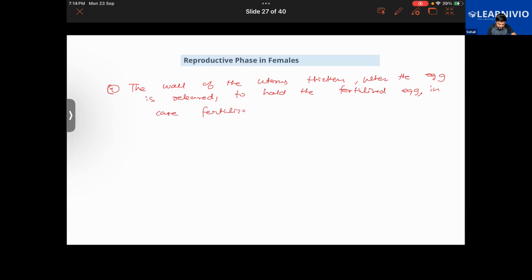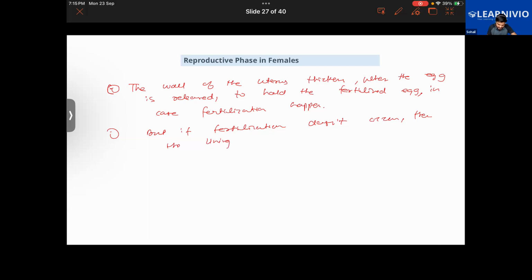But if fertilization does not occur, then that thick lining sheds away.